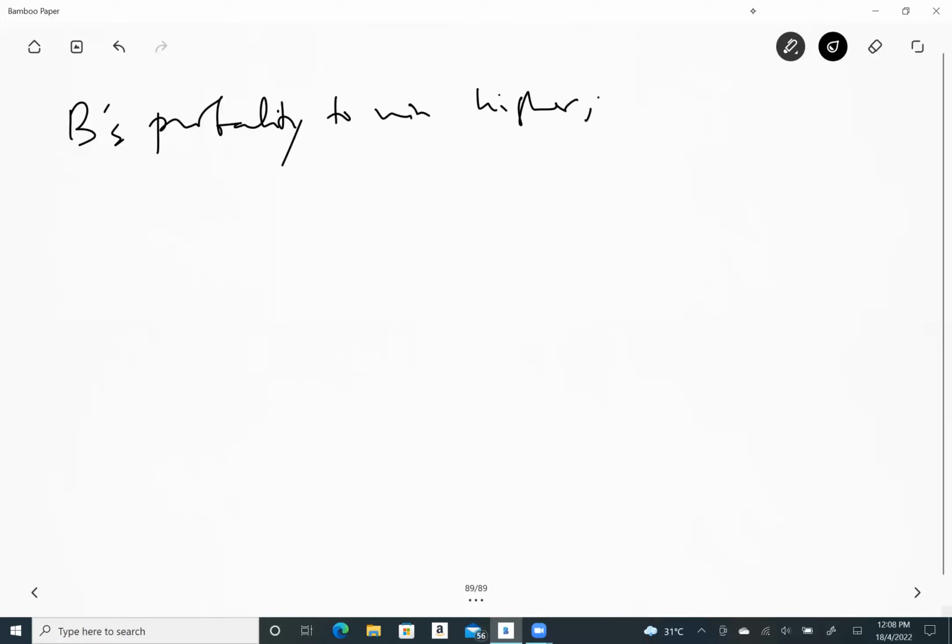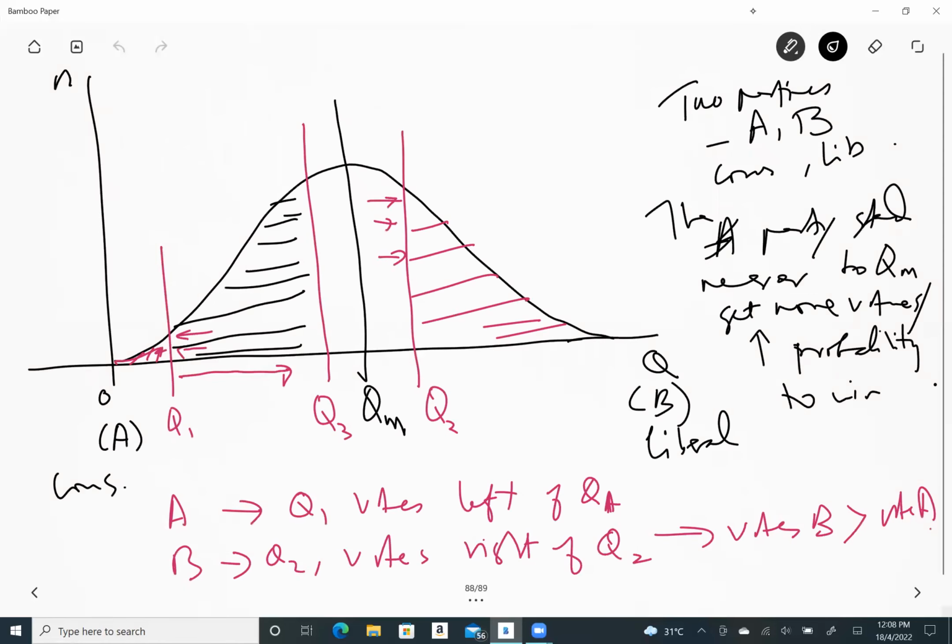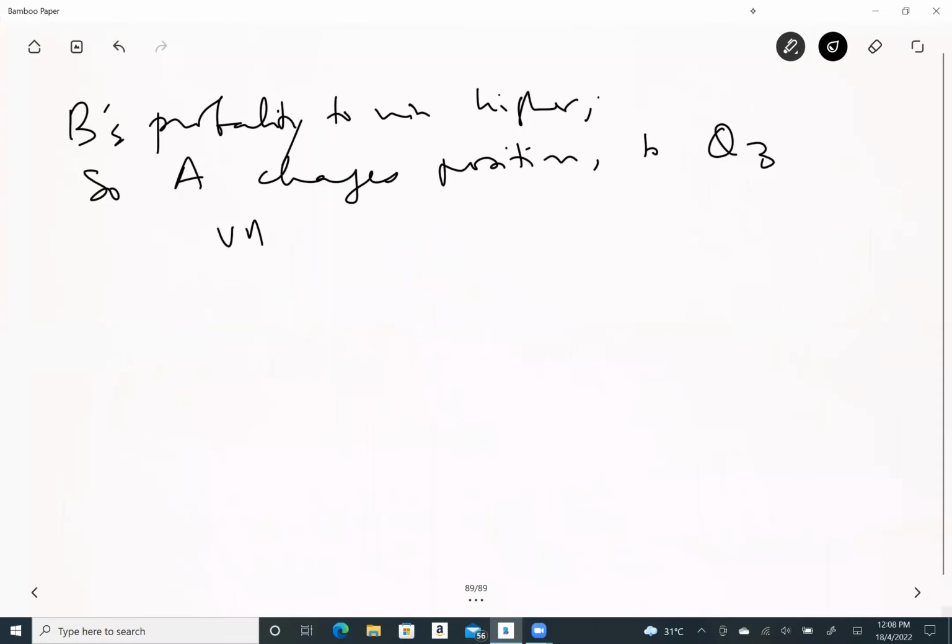So what do we do? A changes position to Q3. When you move to Q3, A will get more votes. Votes for A will increase, the area to the left of Q3.